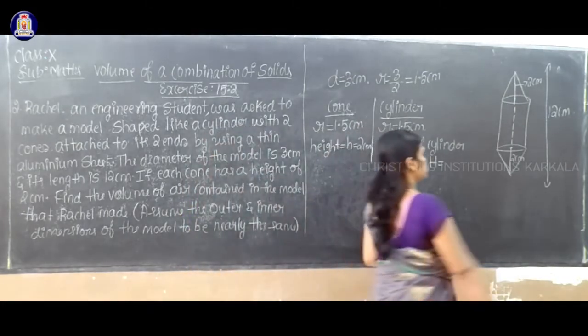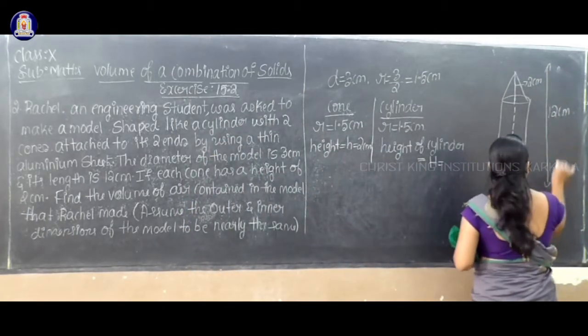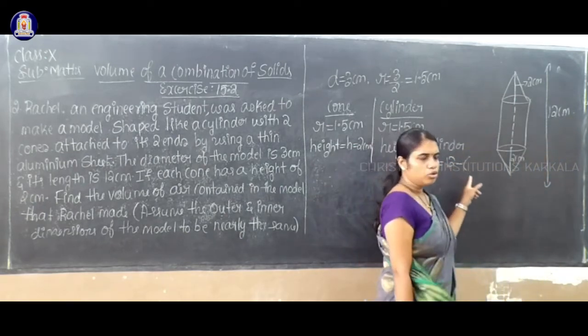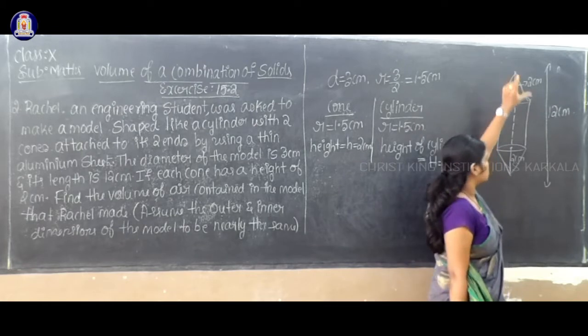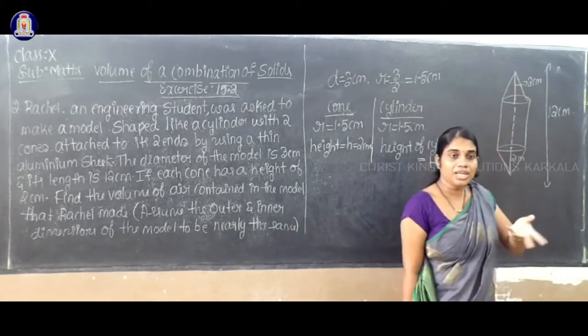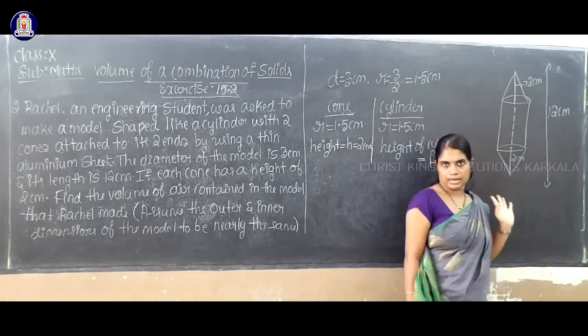How to calculate the height of the cylinder? See, from this whole length, which is 12, if you remove these two parts, 2 plus 2, then the remaining portion will be the height of the cylinder, isn't it?